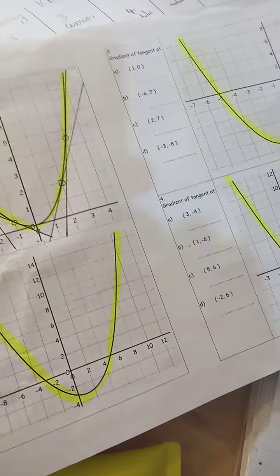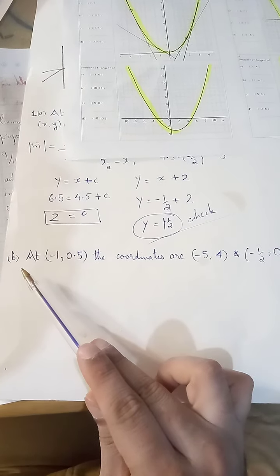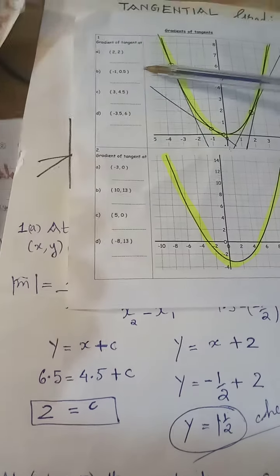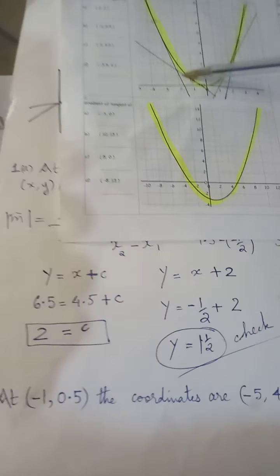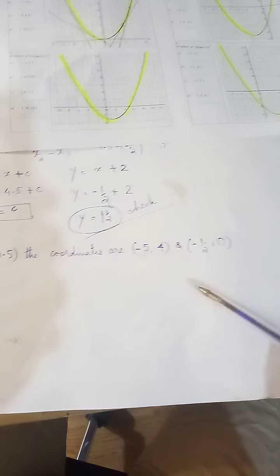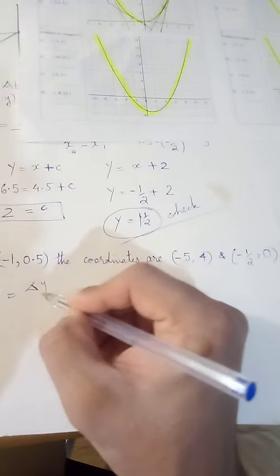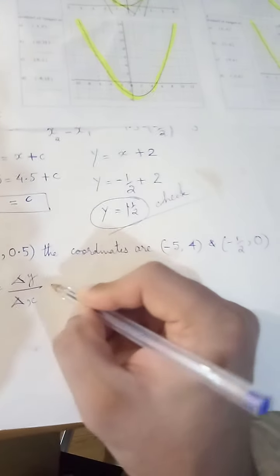Now the second curve, so at B, when I drew a tangent for -1 and 0.5, this line, the coordinates are -5 and 4 and -1/2 and 0, and the gradient calculation would be, so remember you have to write this formula every single time in the exam.